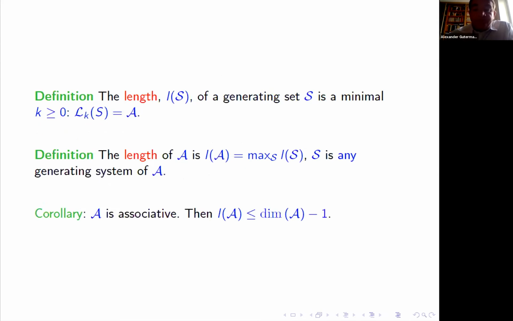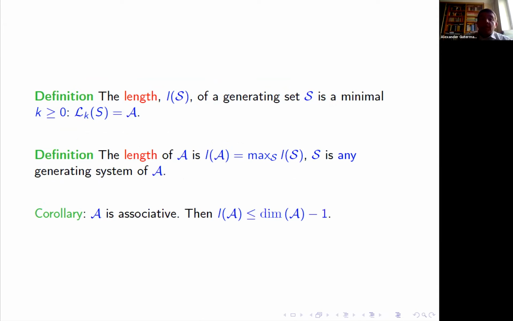Well, now we could try to make the length function not depend on the given generating set. We remember that for any generating set, there is a clear upper bound, which is dimension minus 1, according to our previous considerations.